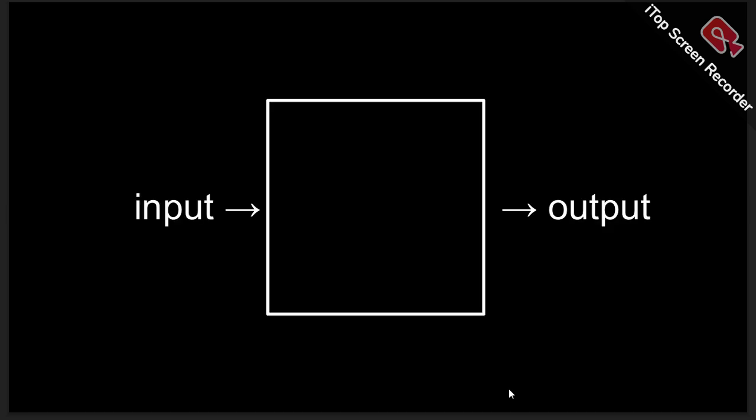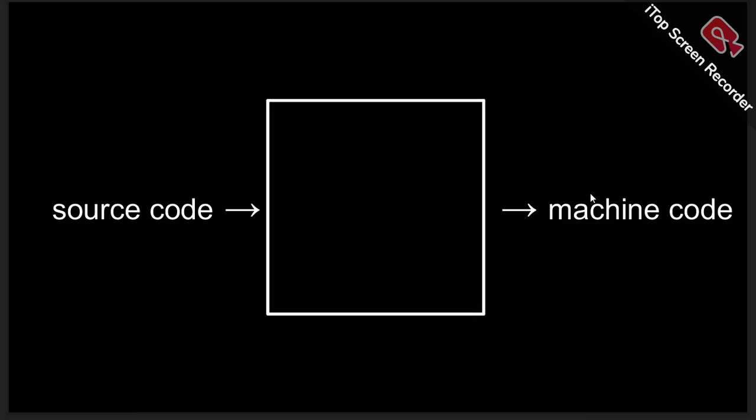So we input the data, it is processed here, and the output is produced. Source code is converted into machine code by the compiler. The source code that we give is compiled with the compiler and converted into machine code.